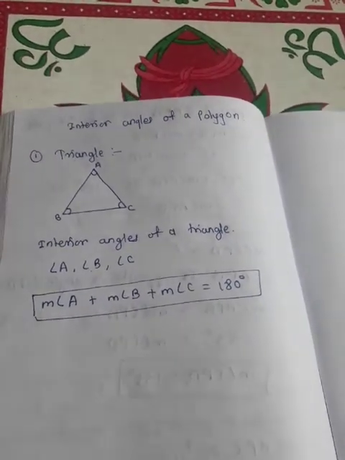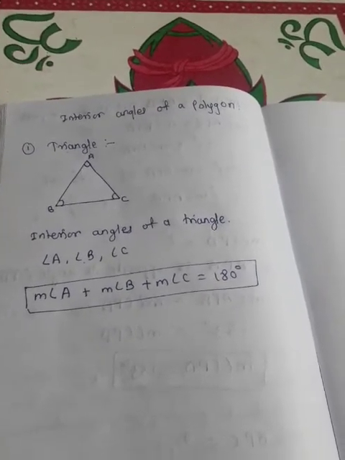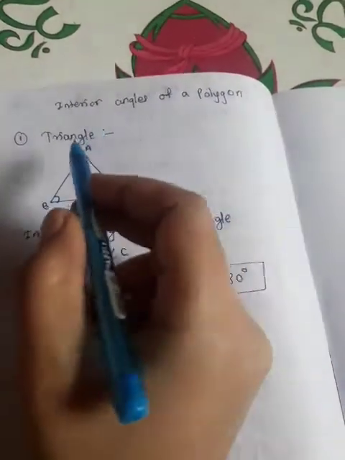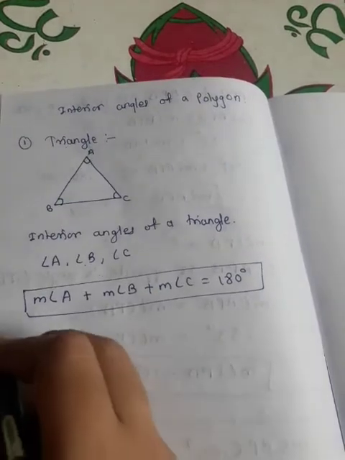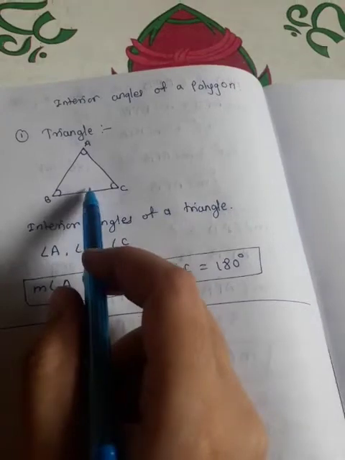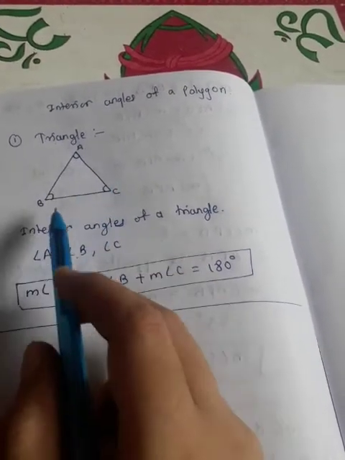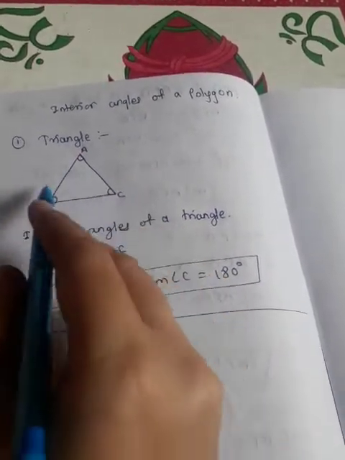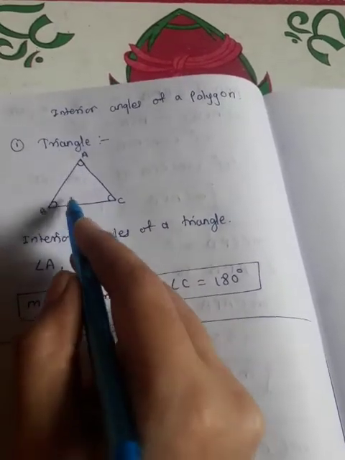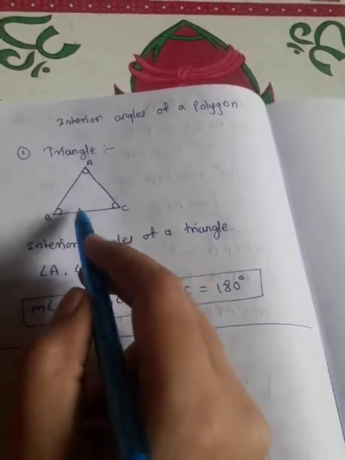In your book on page number 31 they have given a table about polygons. In that table the first polygon is the triangle, a polygon with three sides, and in this polygon we see that there is only one triangle, so the number of triangles is 1.